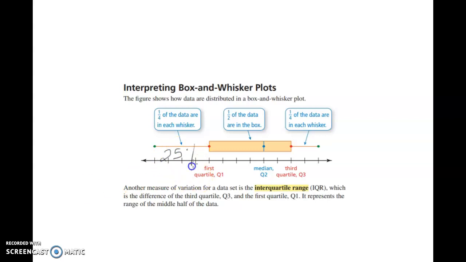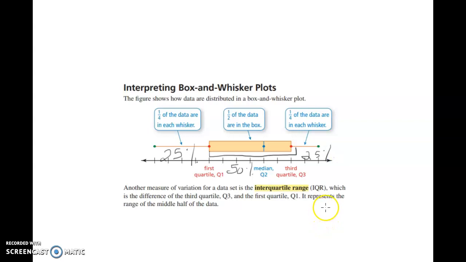So this right here is 25% of the data, like we talked about before. From here to here is 25, from here to here is 25, so this entire thing here must be 50%. And then from here to here is another 25, or another quarter of the data, so this is 25%.